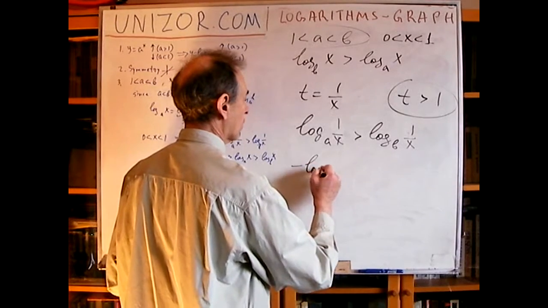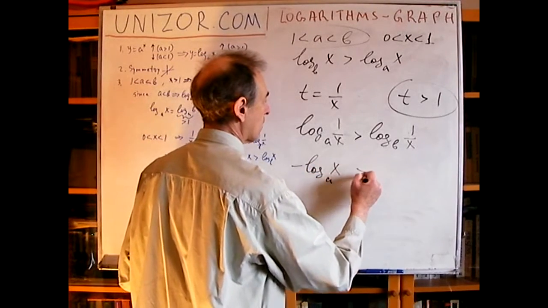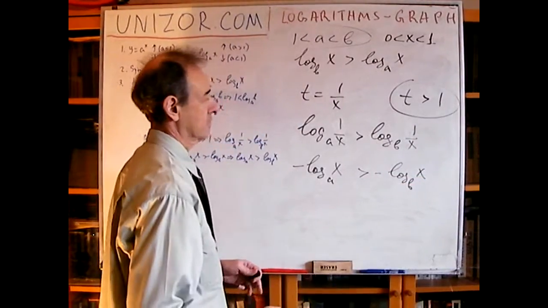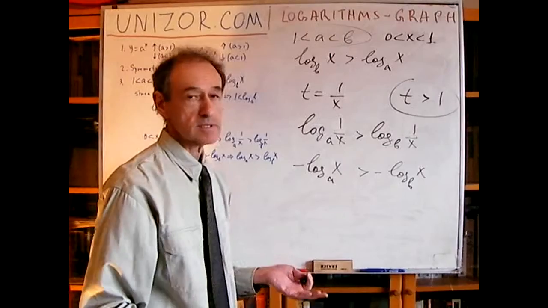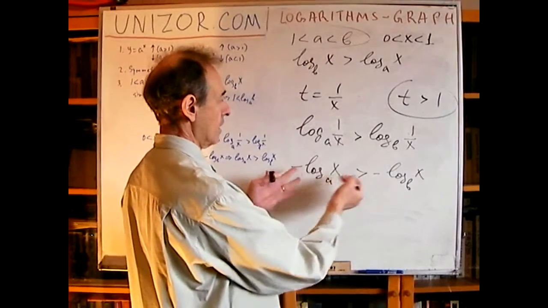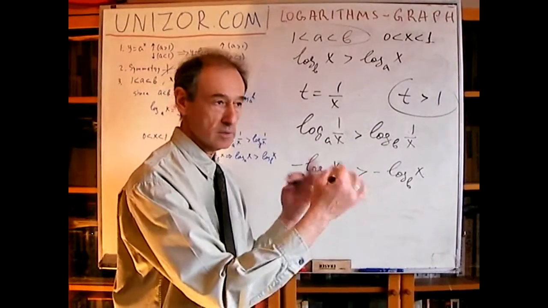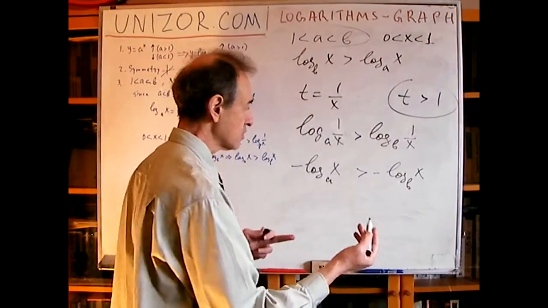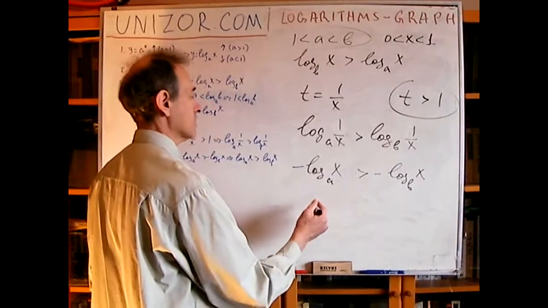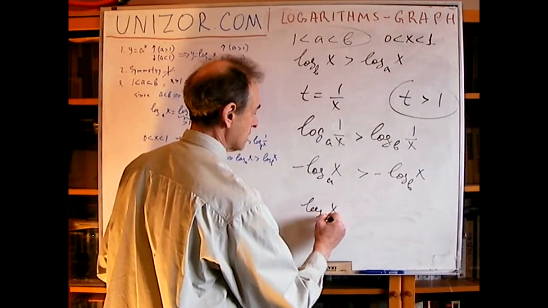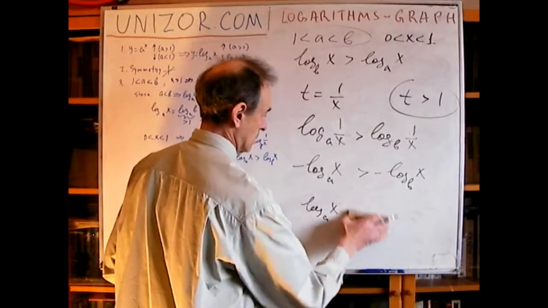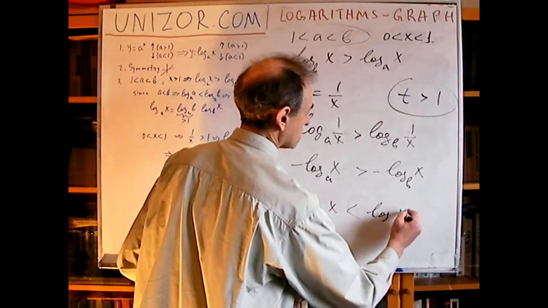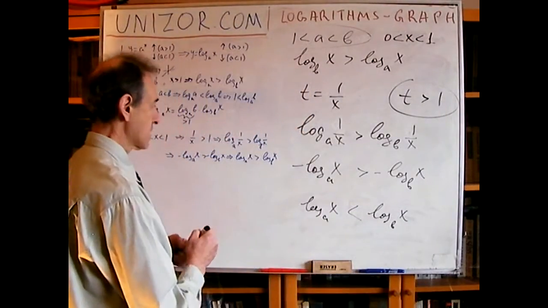So minus log x a is greater than minus log x b. Now, we don't need these minuses, right? And if you remember, if we multiply the inequality by minus 1, then the sign of the inequality should be changed to the opposite, right? So log x a is less than log x b. And that's exactly what needs to be proved.